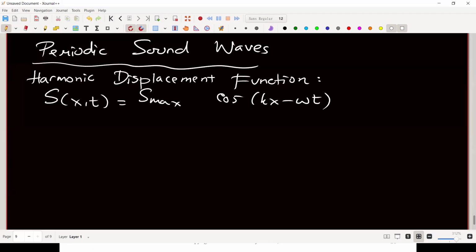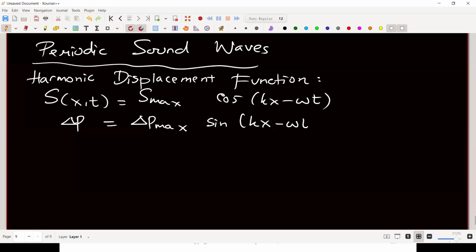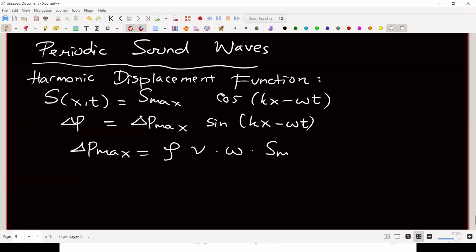And then the pressure, delta P max sin(kx minus omega t), right? And then delta P max. So the relation is rho v omega s max.